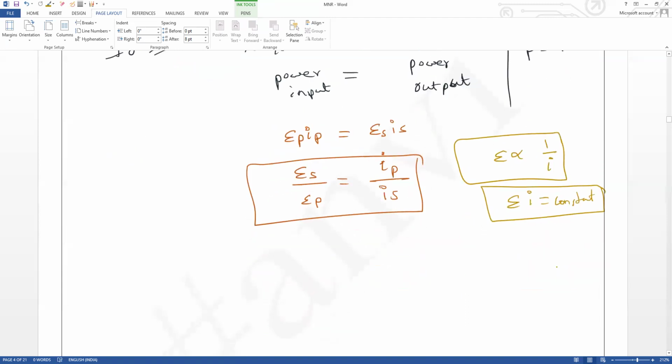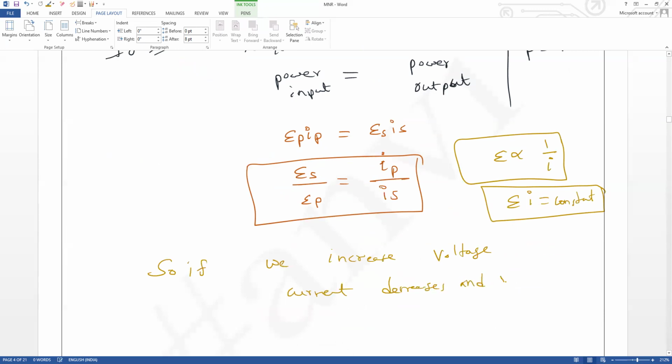If we increase the voltage, then the current decreases.